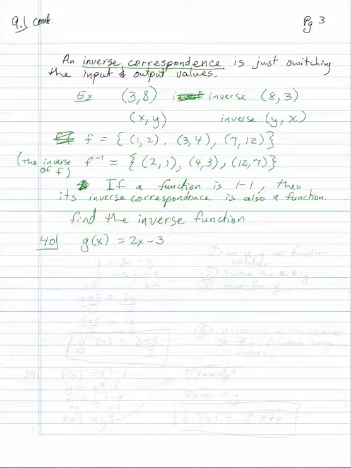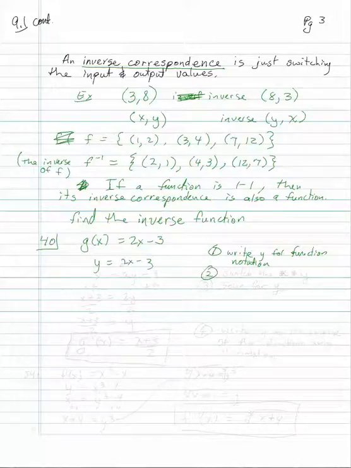Okay, so find the inverse function. So let's say g of x is that. So our first step is you're going to write y for your function notation. So in this case, we're going to write y equals 2x minus 3.